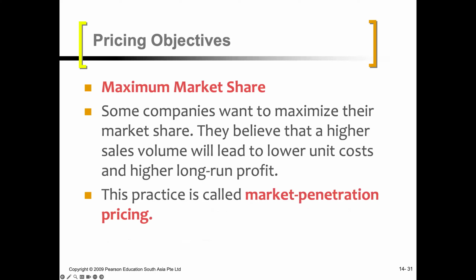If your goal is to maximize market share, some companies believe that a higher sales volume will lead to lower unit cost and higher long-run profit. This practice is also called market penetration pricing.